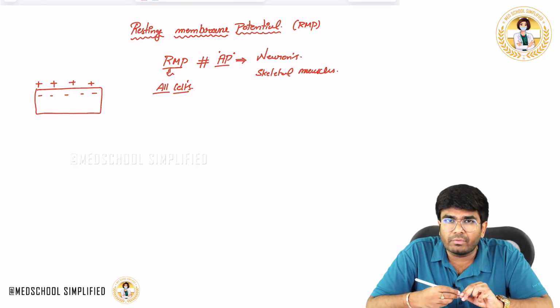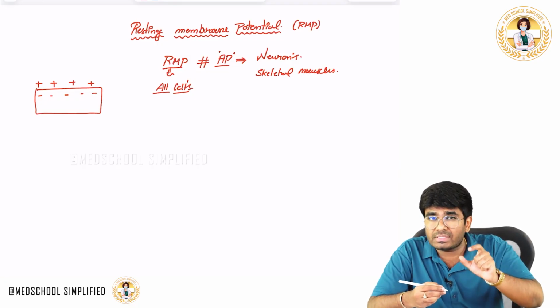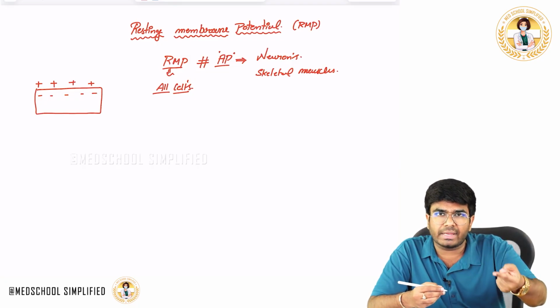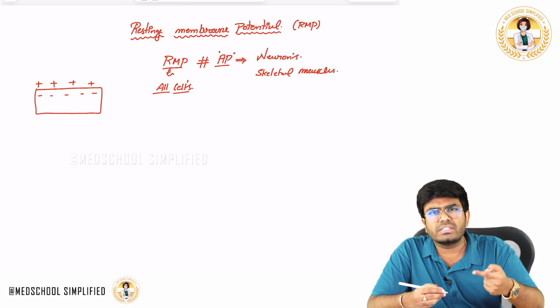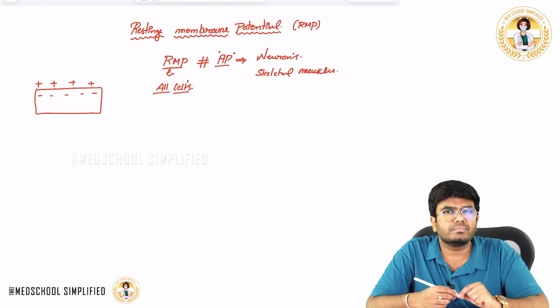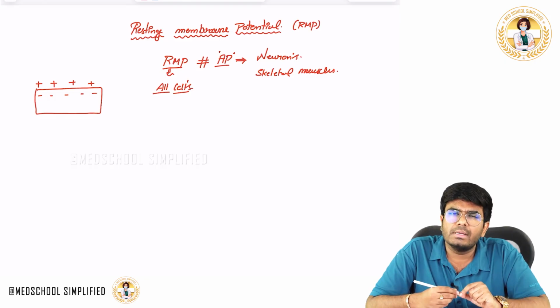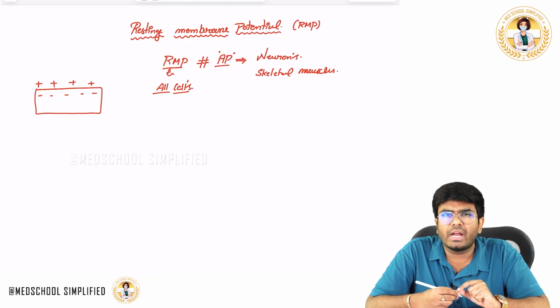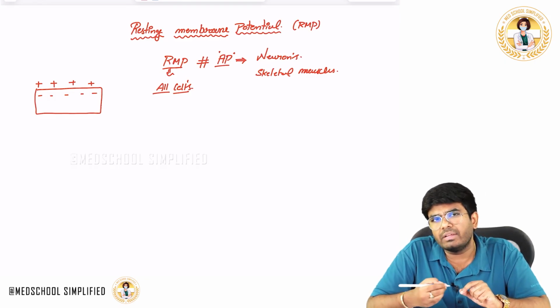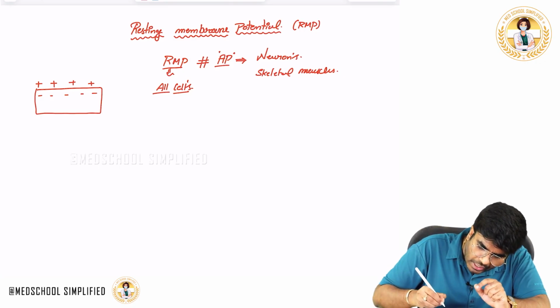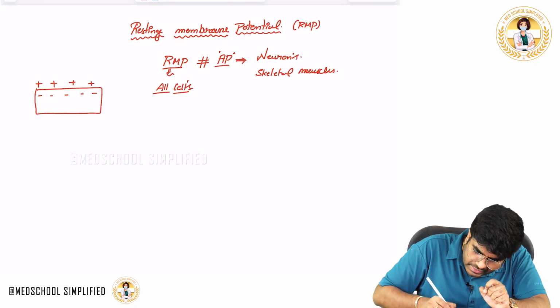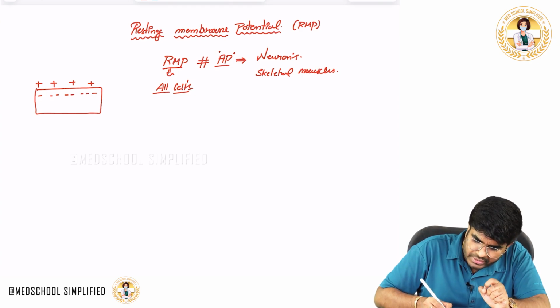There is a voltage difference across the cell membrane. If I ask you what is the resting membrane potential of a cardiac myocyte, you say minus 90 millivolts. Means when compared to the outside, inside the cell there is a voltage difference.